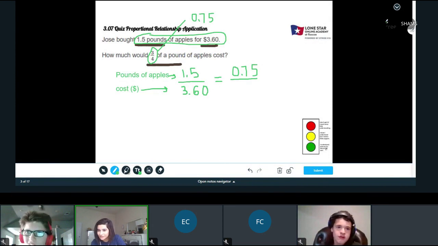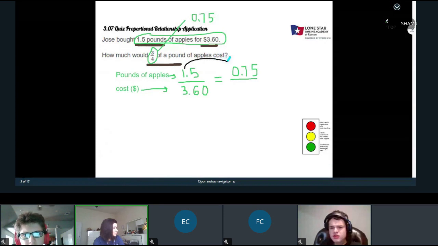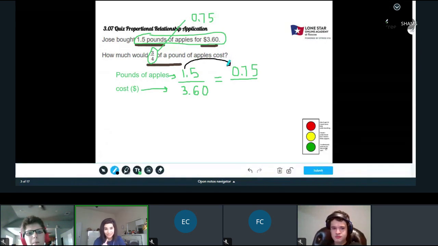Okay, and I do see that there are some replies here. What is happening from 1.5 to 0.75? The number got smaller, right? It is not about multiplying here. It is about dividing.